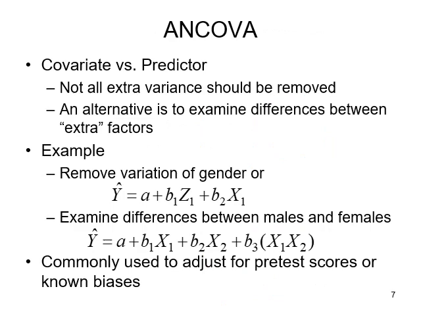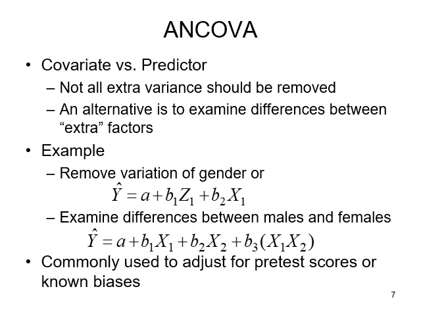So you have to ask yourself theoretically, do I have a covariate versus a predictor? Not all extra variance should be removed. An alternate is to examine differences between these extra factors. So is this truly a covariate, something that is simply noise, something that you want to measure and remove, or is it potentially another independent variable? So for example, if we're removing variance of gender, should we be removing that variance between gender, or should we be looking for that difference between gender?